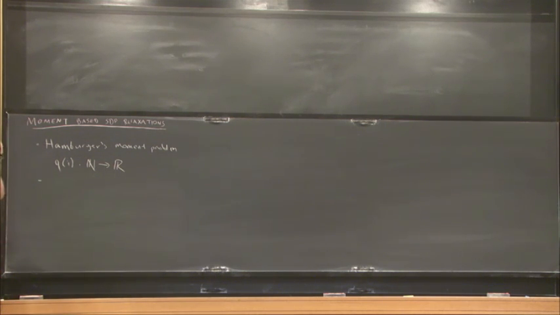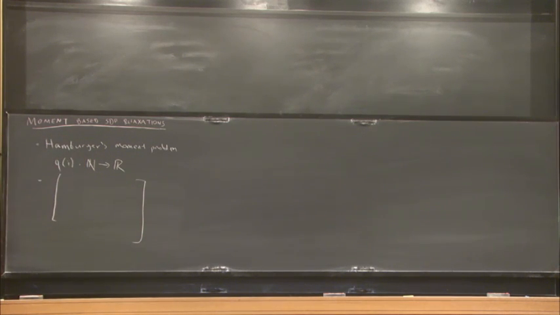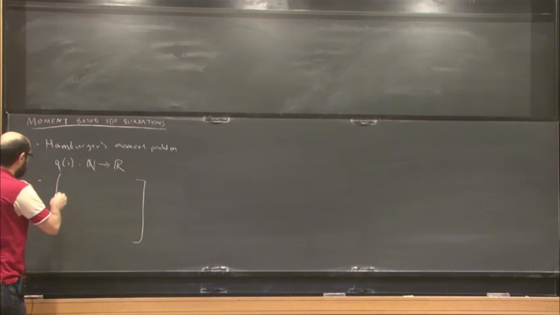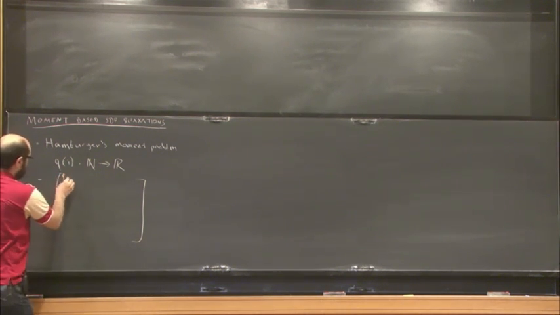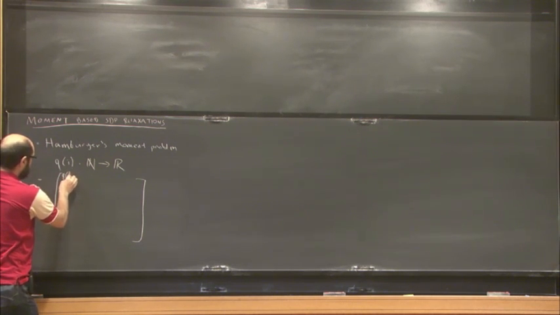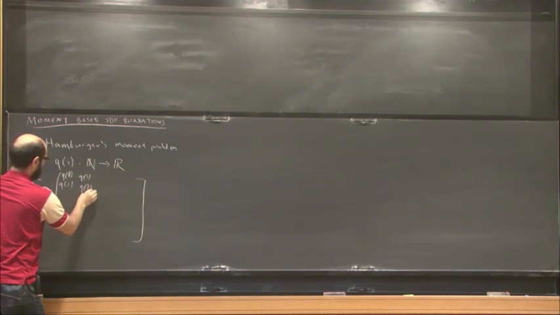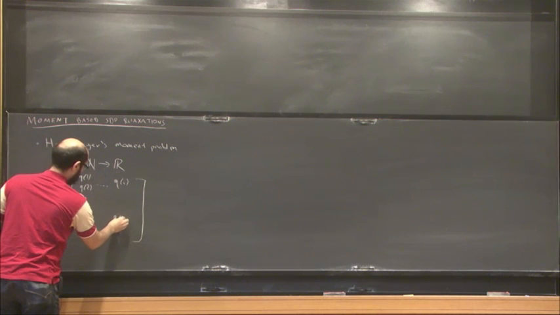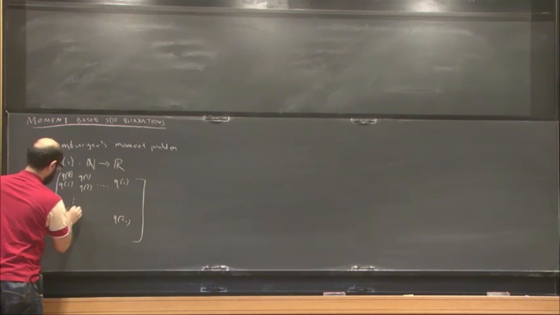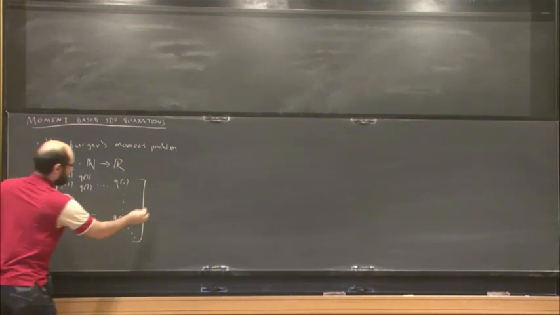Hamburger showed that such a function is a legitimate moment function if and only if the corresponding matrix is positive definite.